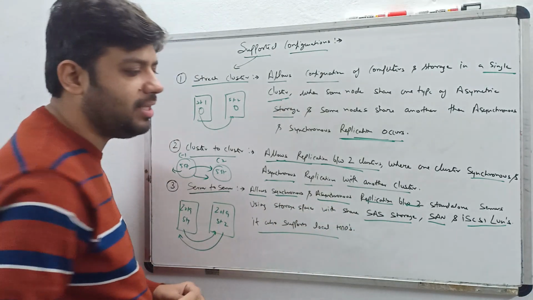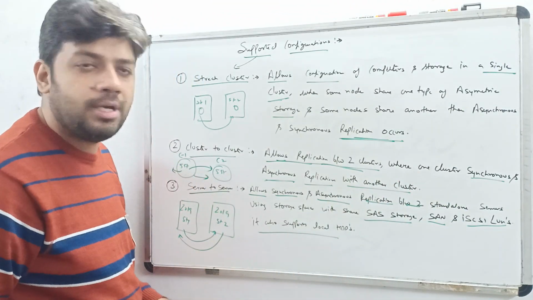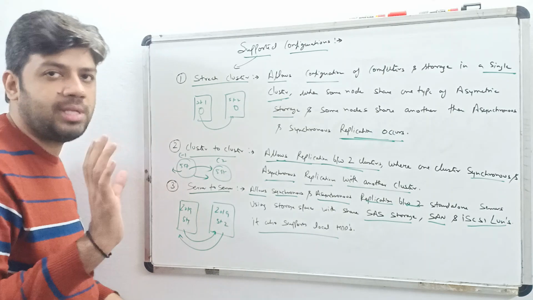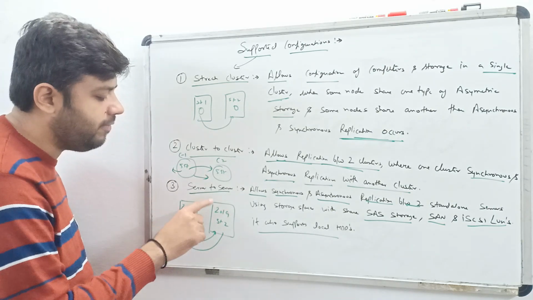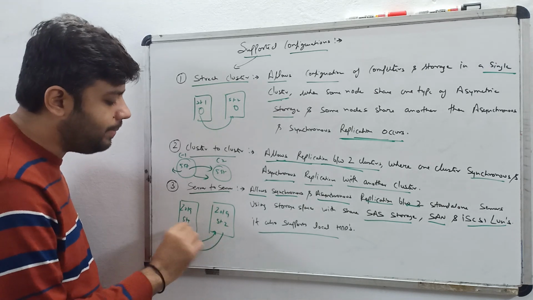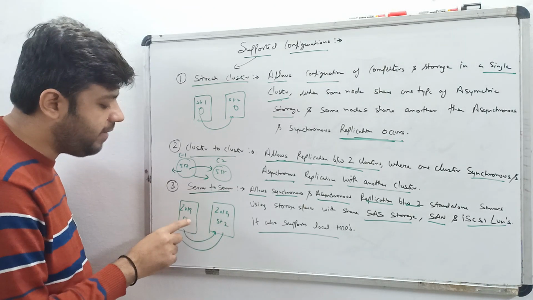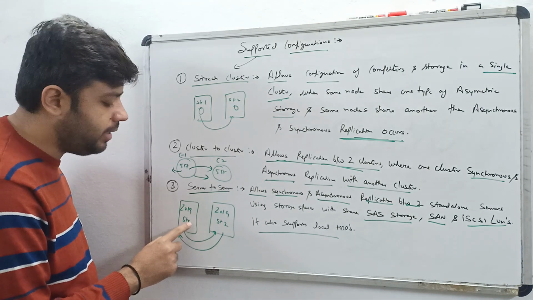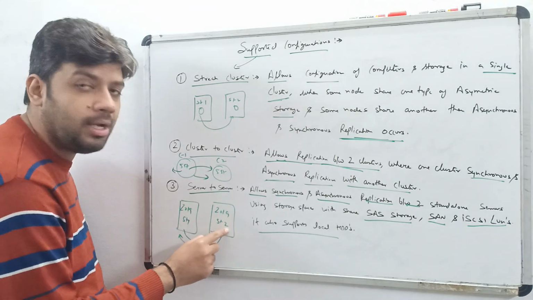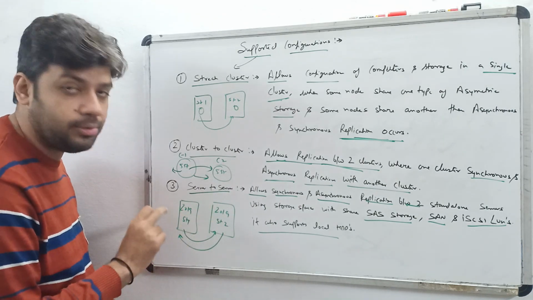I don't have SAS storage, SAN storage, or iSCSI LUNs. I have a simple storage. Imagine I can attach one hard disk here and one hard disk there. Now I want to mirror these 2 hard disks. I want that if I save anything to this server's hard disk, it saves to the other one, and if I save there, it saves here also.